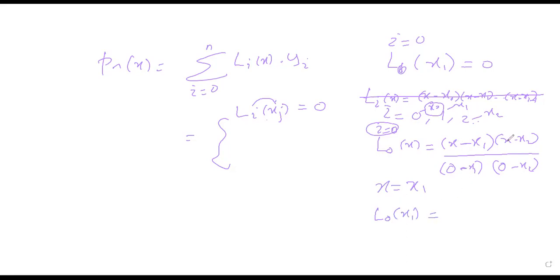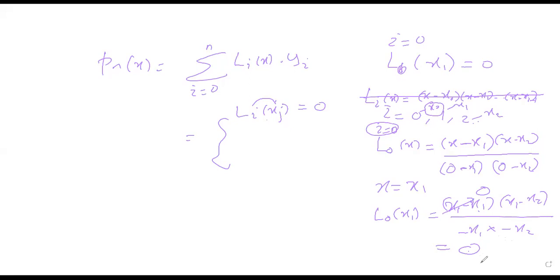Here I need to put x1 for all the x values. So x1 minus x2, again x1 minus x1, times x1 minus x2. See what will happen: x1 minus x1 will be 0. So whatever value you are finding, it will be 0. Good.